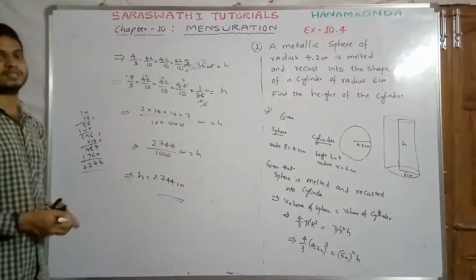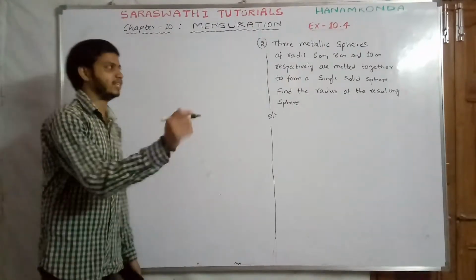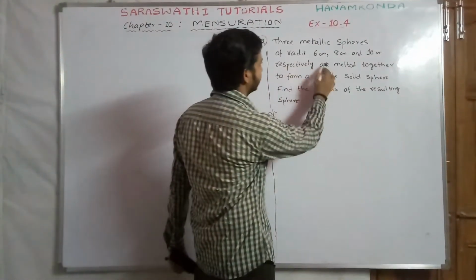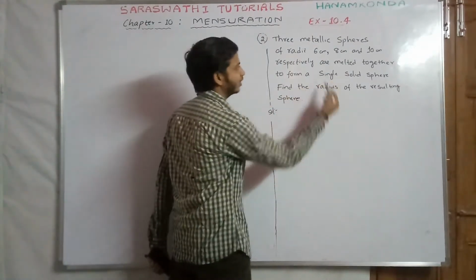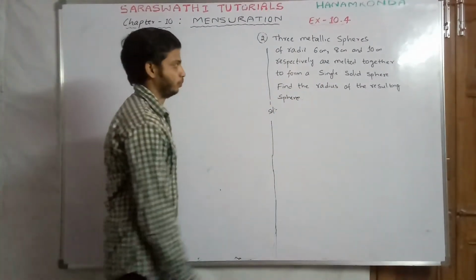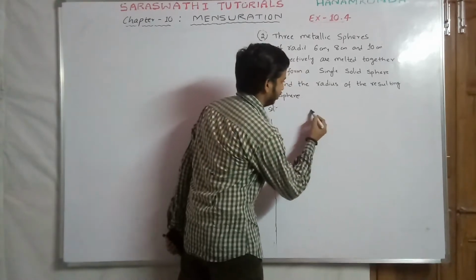So we shall discuss the next question. The next question is: 3 metallic spheres of radius 6 centimeters, 8 centimeters and 10 centimeters respectively are melted together to form a single solid sphere.